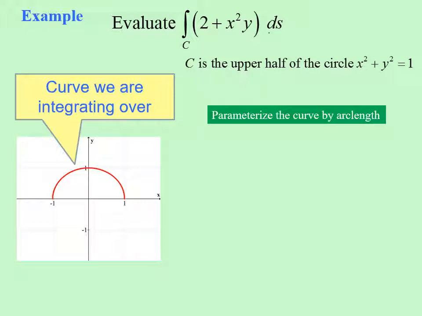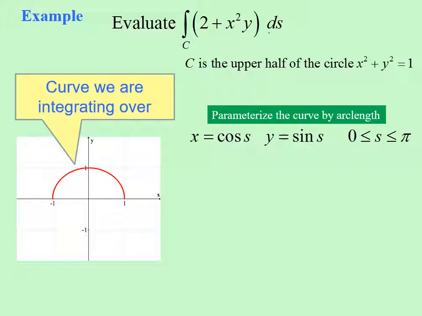We saw that in an earlier chapter. That is usually not a simple thing to do. However, for this particular curve that I've selected, circle with a radius of 1, it is pretty easy because the arc length and the angle theta is the same when the radius is 1.